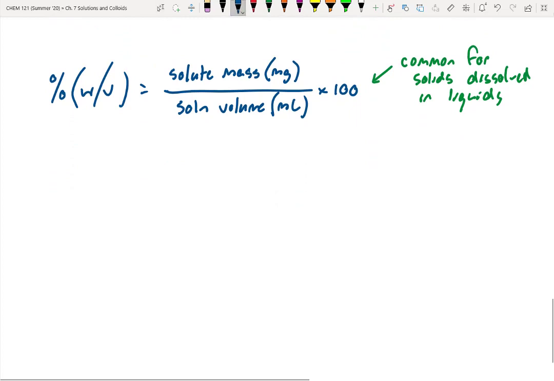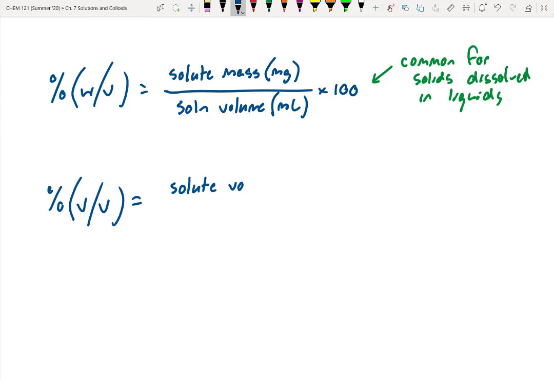All right, and then our last one, you can probably guess, is going to be volume. And this is going to be our solute volume divided by our solution volume. And just like before, we have to use the same units. So if we're measuring in milliliters for our solute, we need to do the same for our solution. And we're going to multiply this by 100.